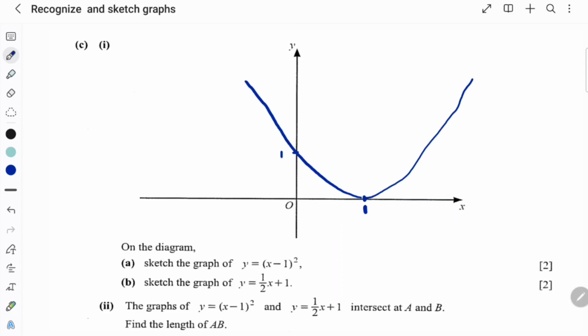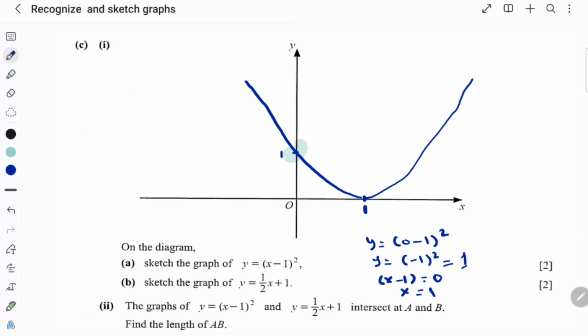I have sketched this one touching at 1 on the x-axis. If I put x equal to 0, then y is equal to 0 minus 1 whole squared, which is minus 1 squared, so y is equal to 1. And x minus 1 is 0, then x is equal to 1. Whenever we have just one root, it will not intersect at any other point. That is called the repeated root.